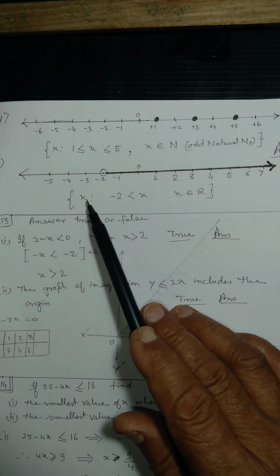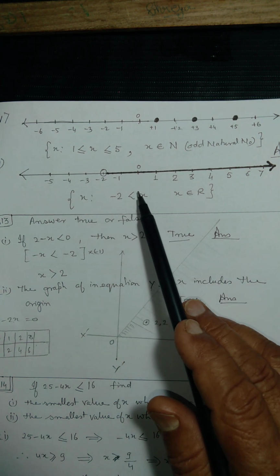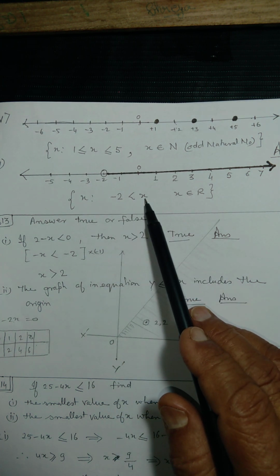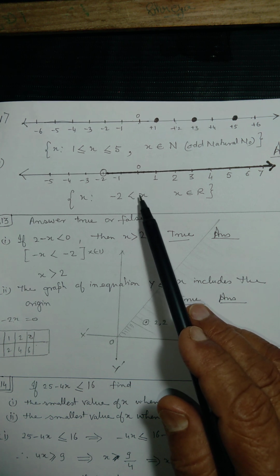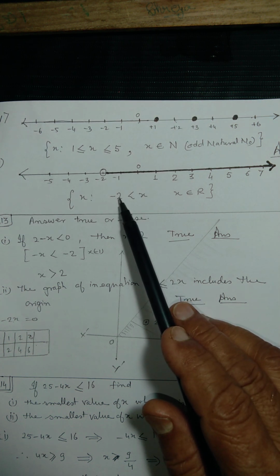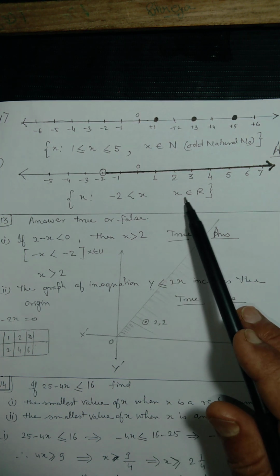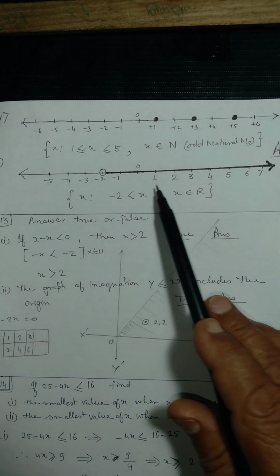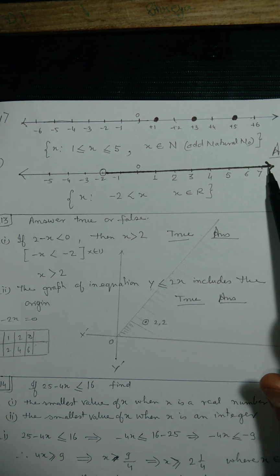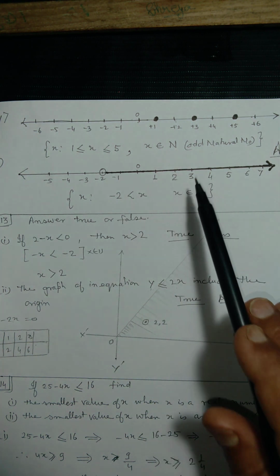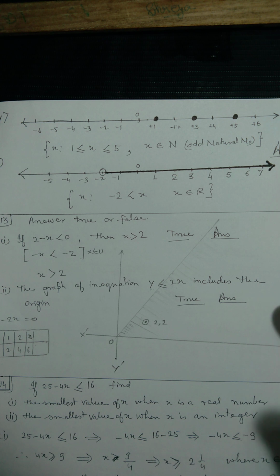So x such that minus 2 is less than x, means the values of x which are greater than minus 2 will be included. And you see x belongs to real number, because the complete line is darkened. It means all those points which lie on the number line, that is a real number.